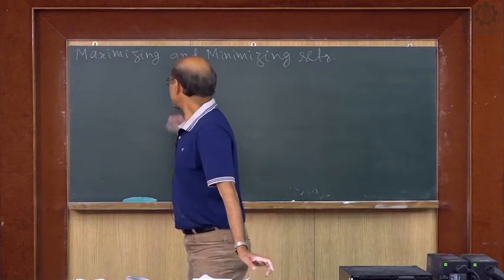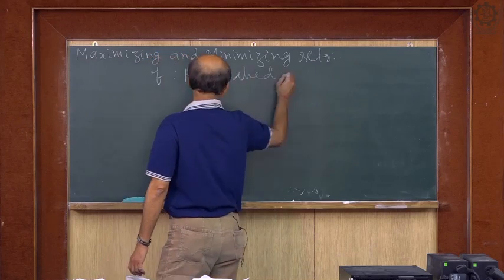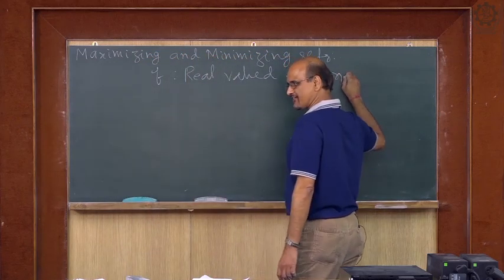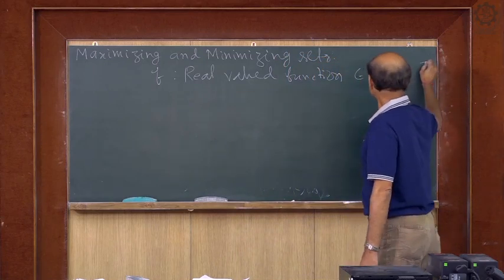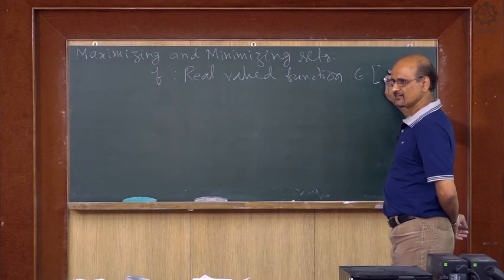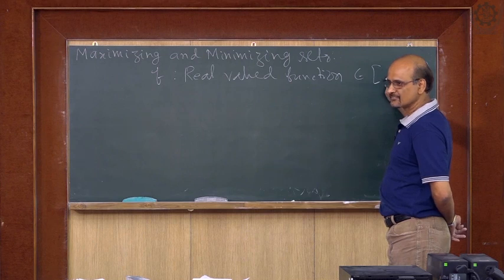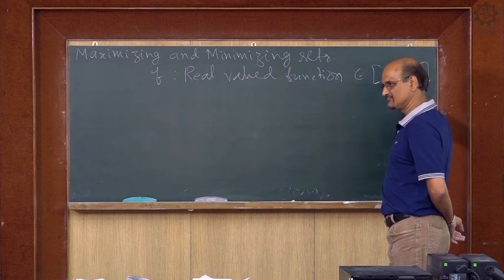Suppose f is a real valued function, and f belongs to some interval. For certain x we will get f(x), so that f(x) will belong to a certain interval. So what will be the lower and what will be the upper?